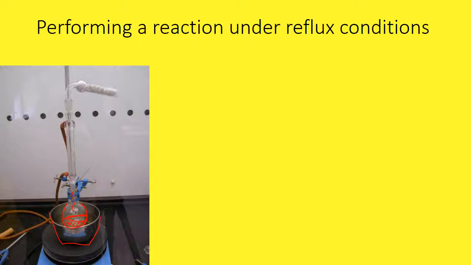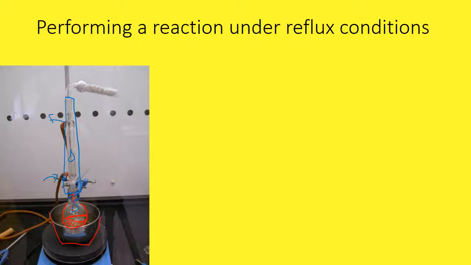So this item here you'll recognize as a cooling jacket, and we'd have cold water in here and water out at the top. And then what would happen would be that the vapor would condense and drip back into the reaction vessel and mixture to continue to react, to have another chance to react.